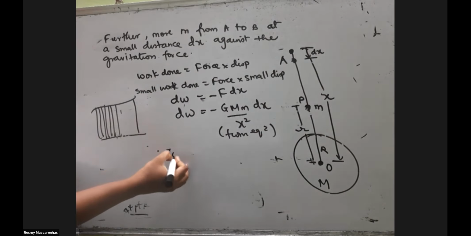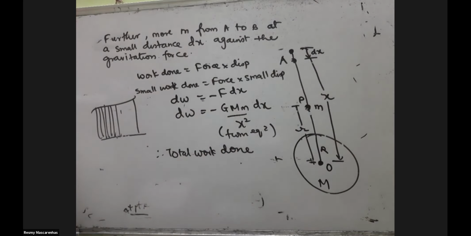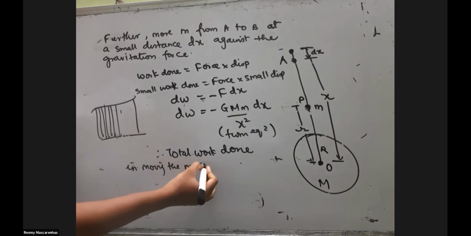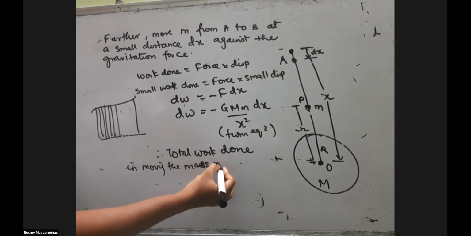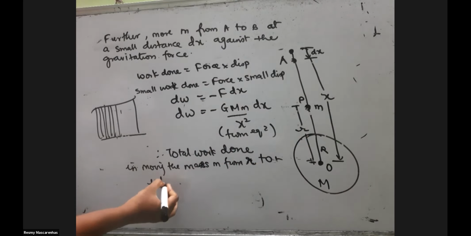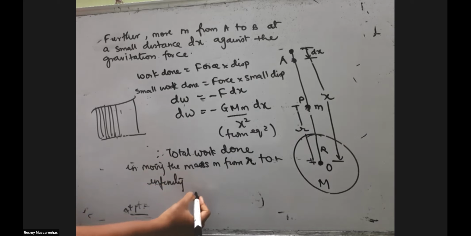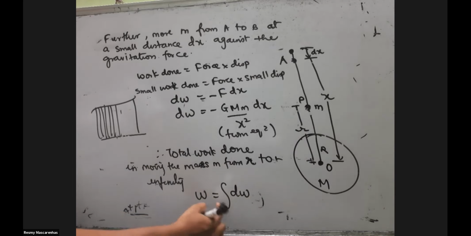Therefore, total work done in moving the mass from R to infinity will be the sum of all the small work.